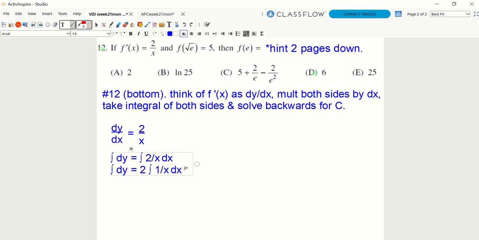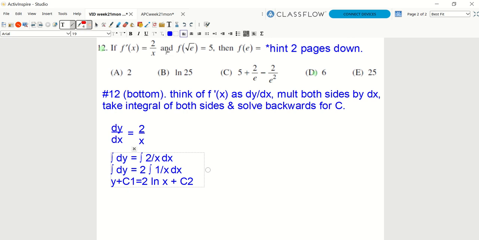And at this point you get y plus c sub 1 equals 2 ln of x plus c sub 2.